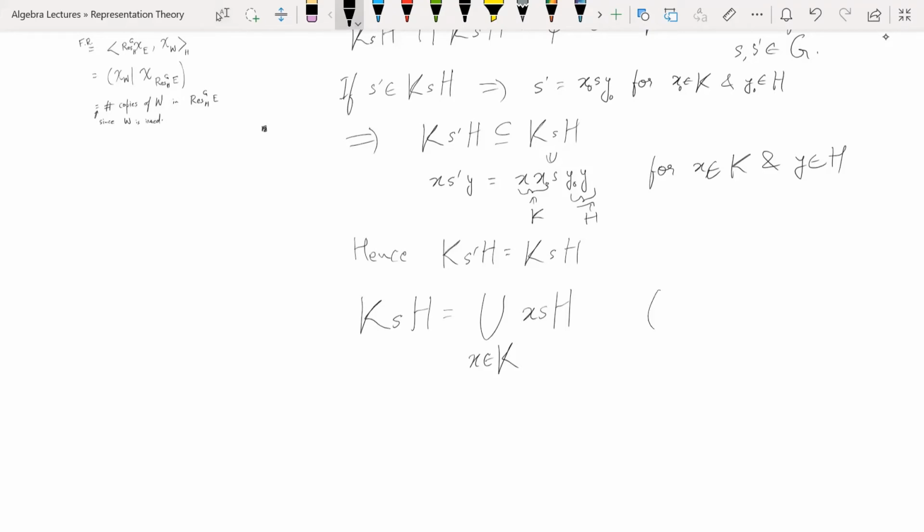So of course, note xsH may equal x'sH if (xs) inverse times x's belongs to H, i.e. s inverse x inverse x' s belongs to H. Have I written it correctly?